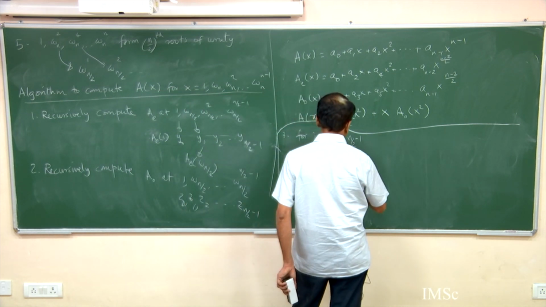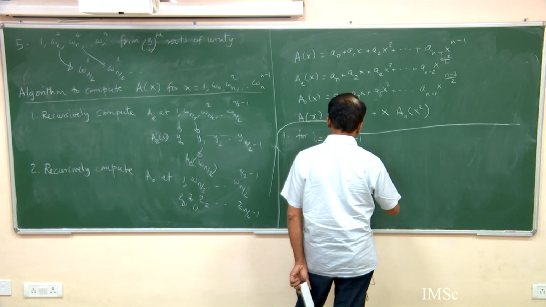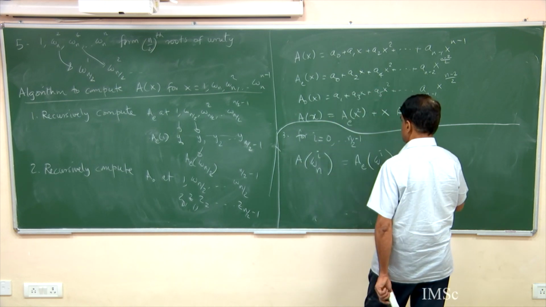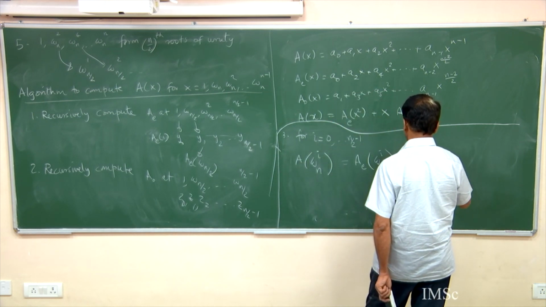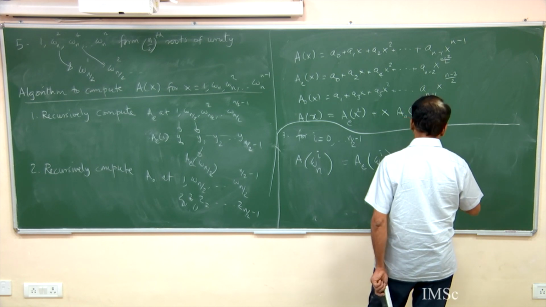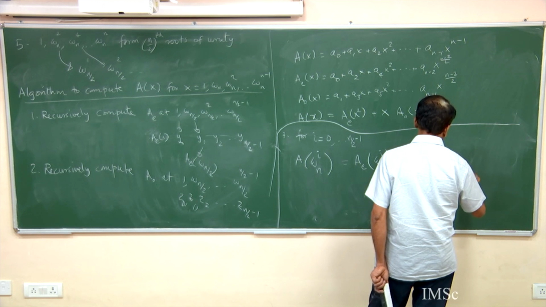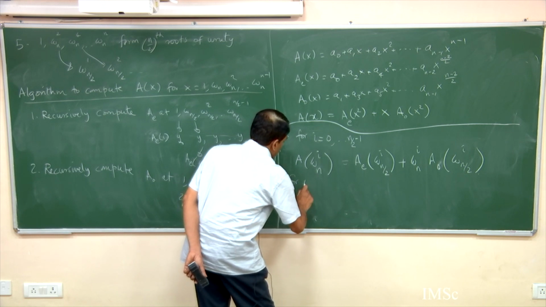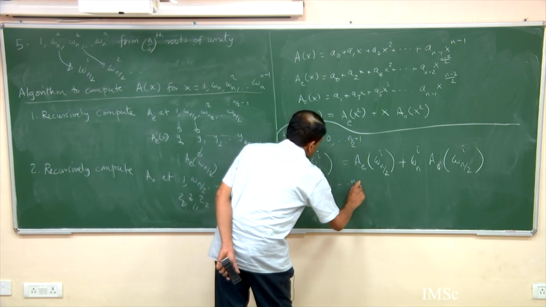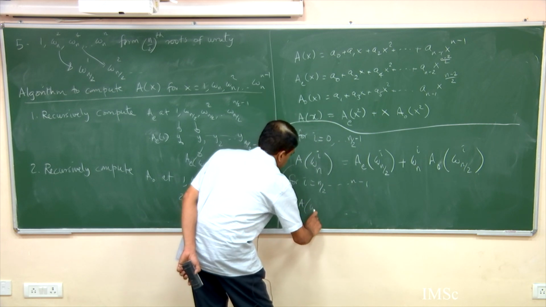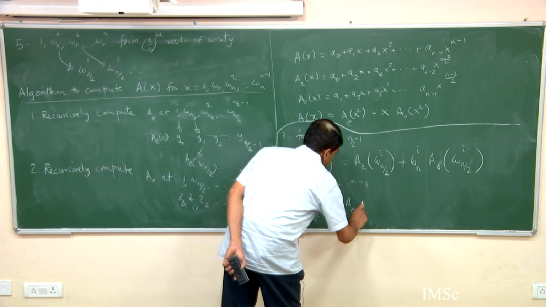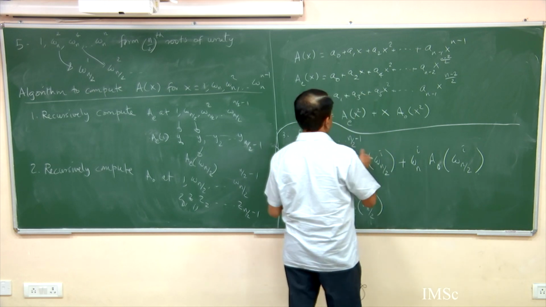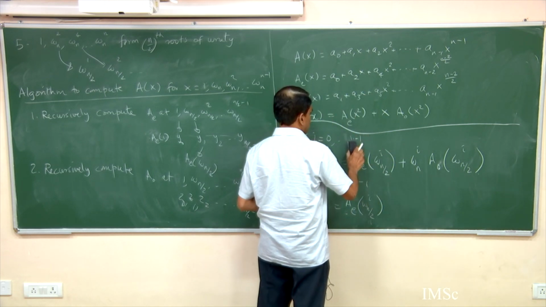I would just say it's AE at, which I've already computed, plus x, which is this, into A odd at, and for i going from n by 2 to n minus 1, actually for everything it's plus only. So why do I even want to separate this?